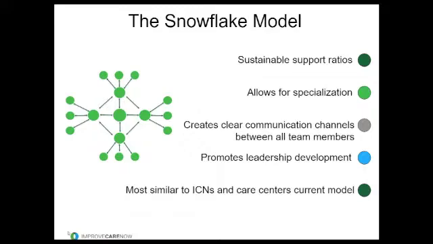So the group in the ICN community that has a structure that looks most like the Snowflake model, I believe right now, is currently the Patient Advisory Council. We've got the chairs in the middle, 3 task forces, and then members coming out. So it looks sort of like that. Okay, next slide.